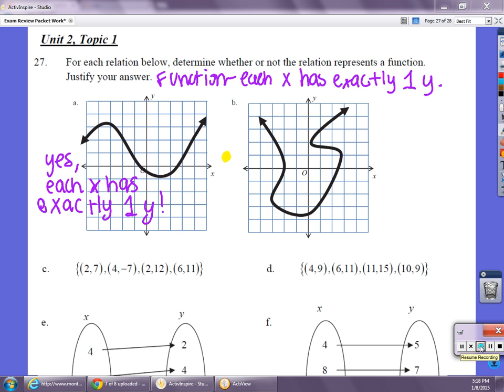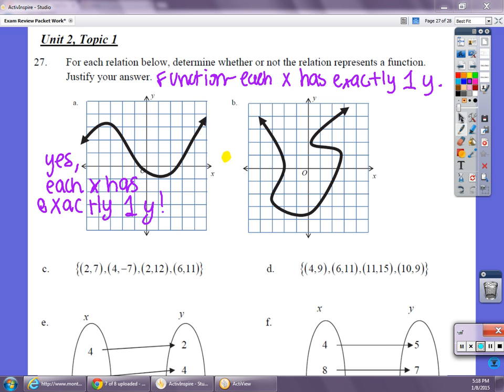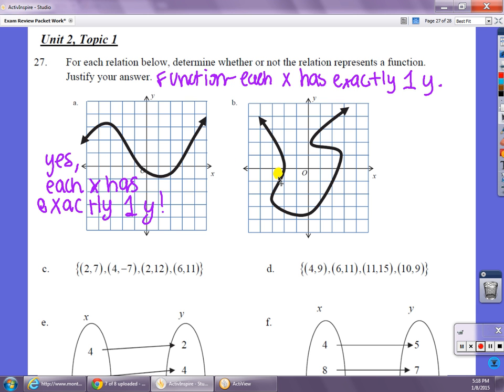Okay, let's look at the second option here. So I'm going to take my point, and I'm looking for any clues that there's an x value that has more than one y, and hopefully we see here that sure enough, this graph has several points where there would be x values that repeat themselves. If I drag this point along this line, notice that I hit here, here, and here when x equals 1.